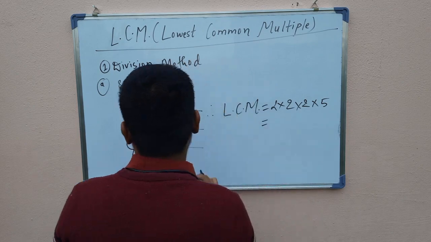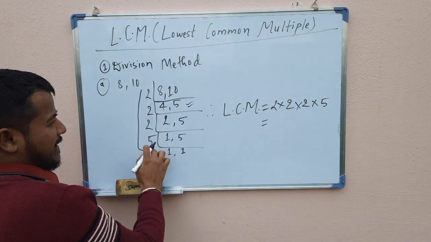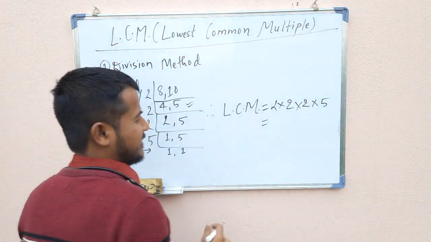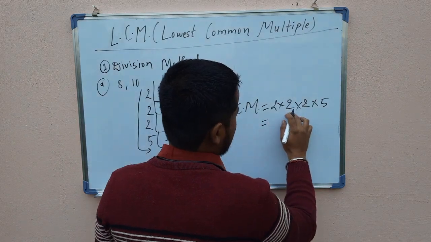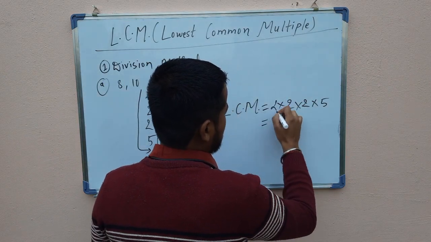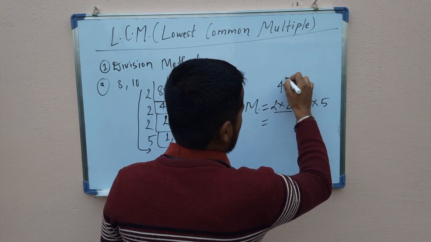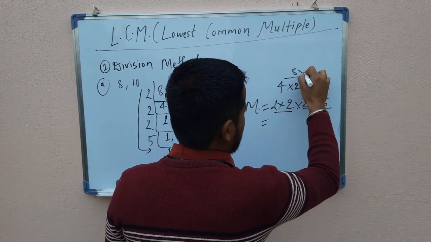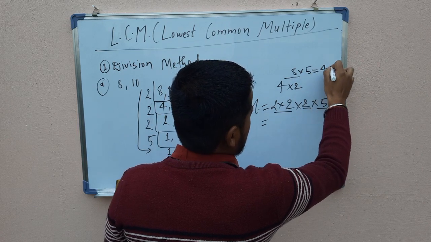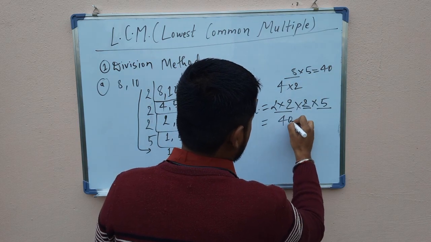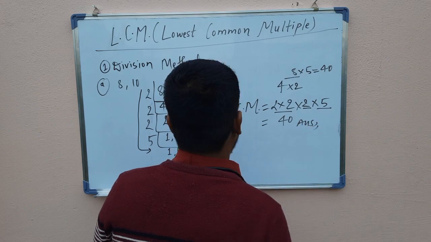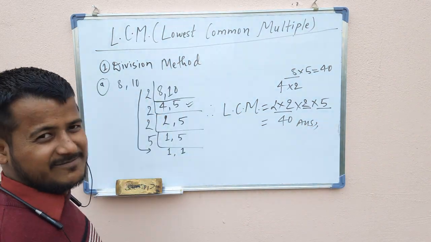Now 2 2s are 4, 4 2s are 8, and 8 5s are 40. So you write this number here as the answer. This is the answer, the LCM of 8 and 10.